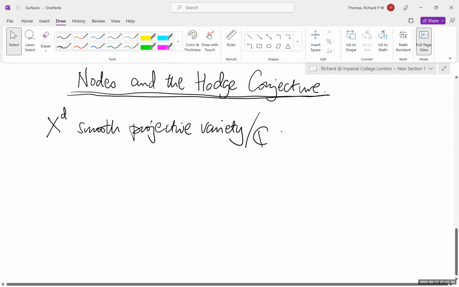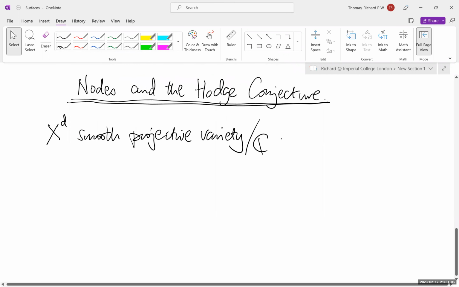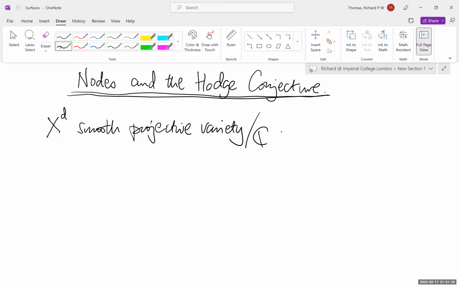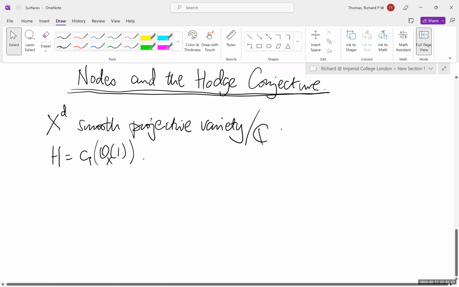So that's d complex dimensions, which a differential geometer might put as 2d. This smooth projective variety will always have a hyperplane class, H, the first Chern class of the O(1) line bundle. I'm assuming it's projective, so I can pick an ample line bundle.